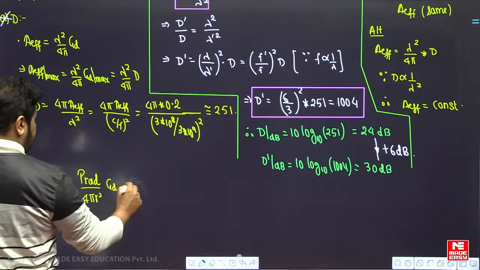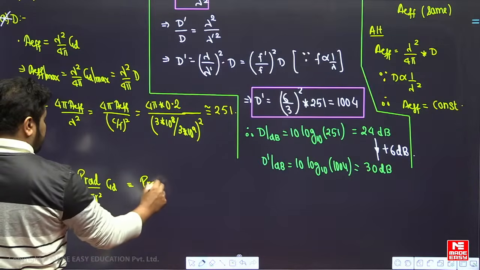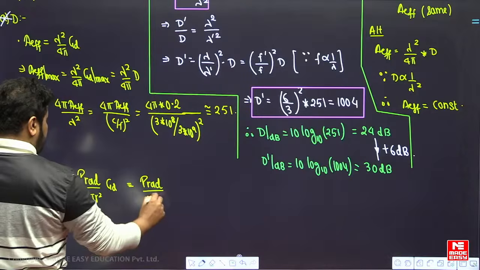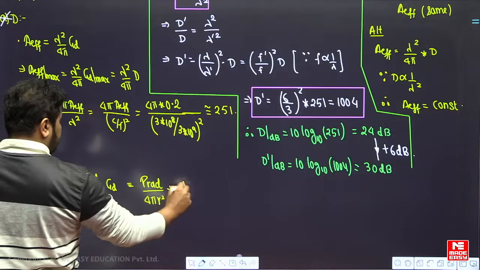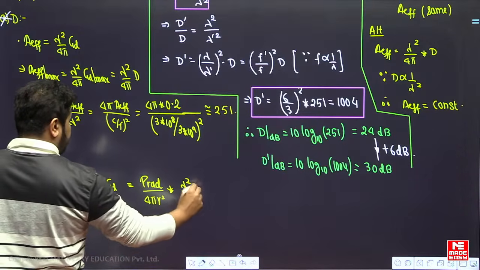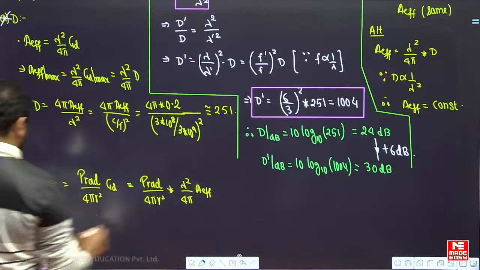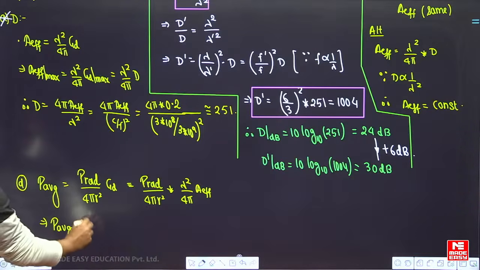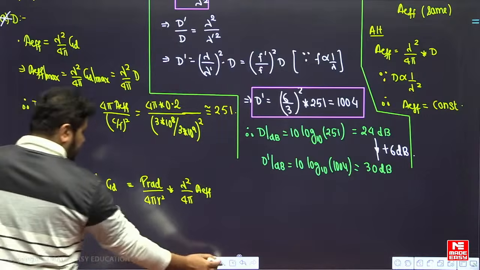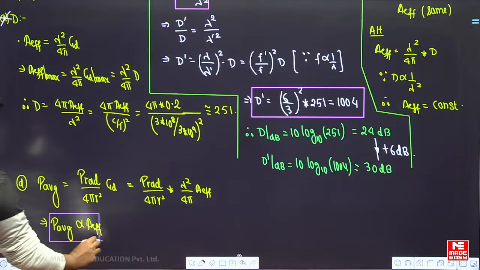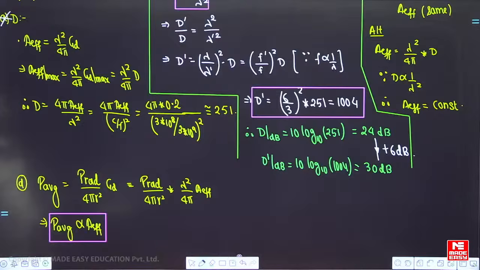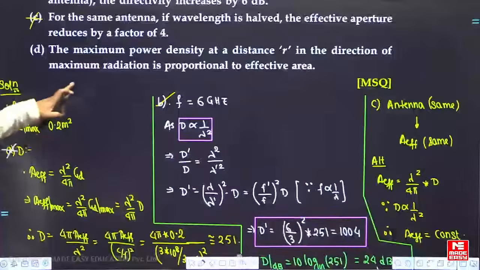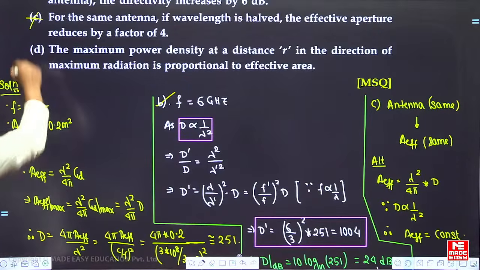Now this can be written as P radiation upon 4 pi r square, directive gain is nothing but lambda square upon 4 pi into effective area. It means that average power density P average is directly proportional to effective area, right? So the maximum power density at a distance r in the direction of maximum radiation is proportional to effective area. Yes, that is also correct.